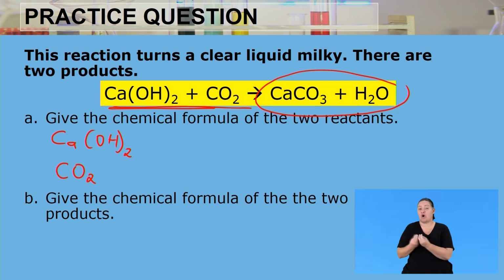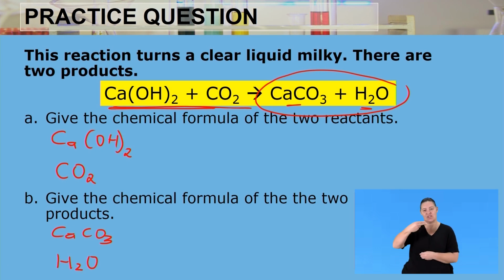Products are written on the right-hand side of the equation, so it's this one and that one there. So we have CaCO3, our calcium carbonate, and our most famous compound or molecule, water, H2O. So those are going to be our two products.